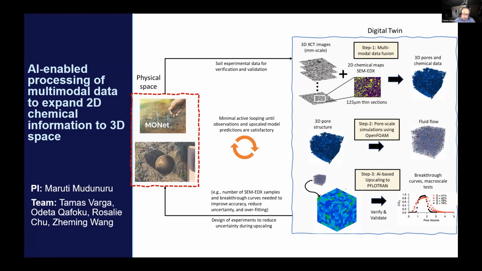And a final word about the AI effort. We essentially have these 2D section images, chemical maps on limited sections. We are using AI to train an algorithm to try to transfer the two-dimensional chemical maps to the CT-based 3D data, and we do that by transfer learning, training an algorithm to look at the density-based data versus the chemical maps.